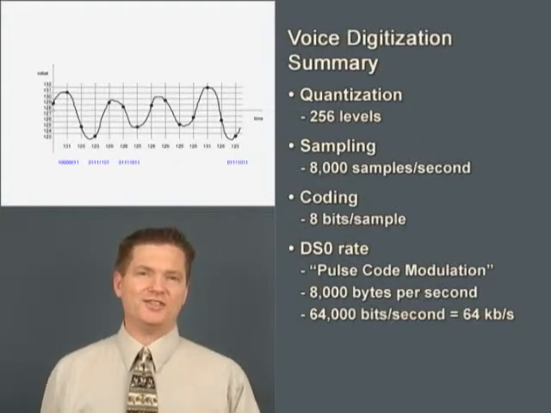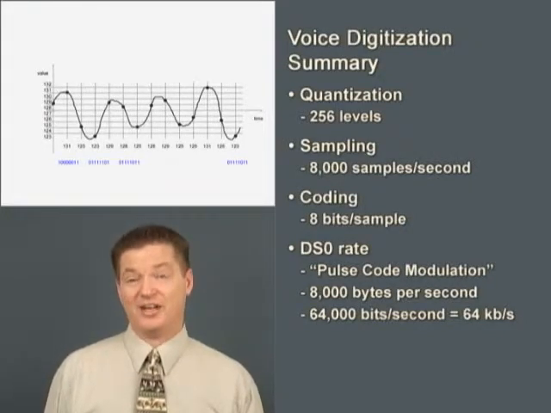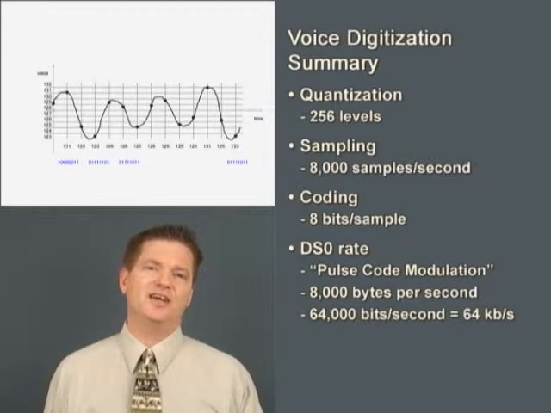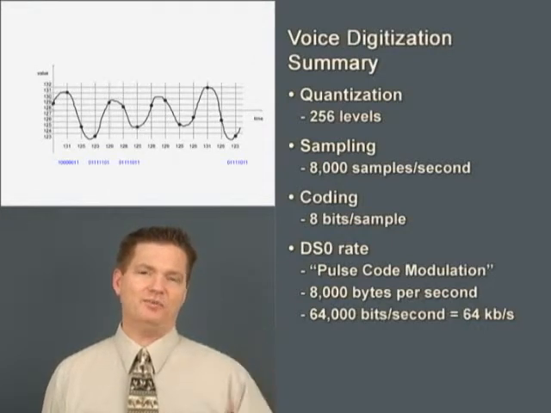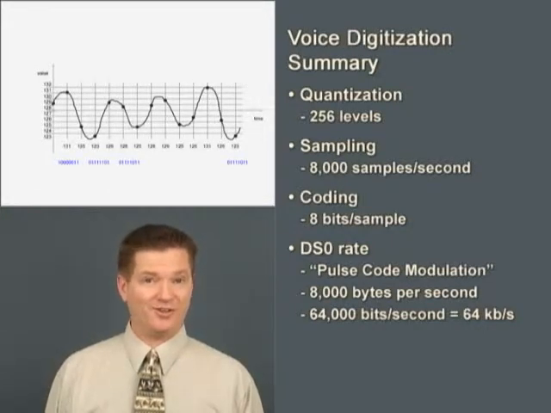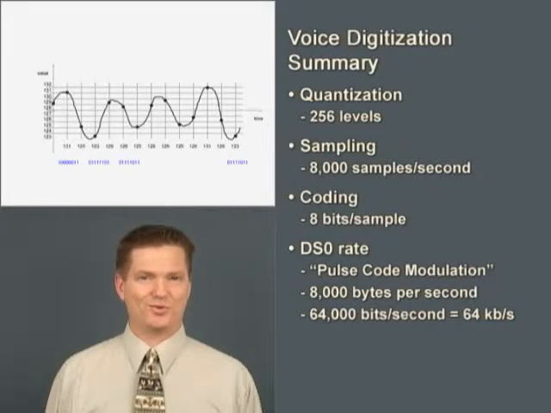Now, besides just knowing that a DS0 is 64 kilobits per second, the understanding that's useful to have here is that 64 kilobits per second is actually a byte that gets transmitted 8,000 times per second. And as soon as you get your mind around that, then you know how all traditional transmission systems work.